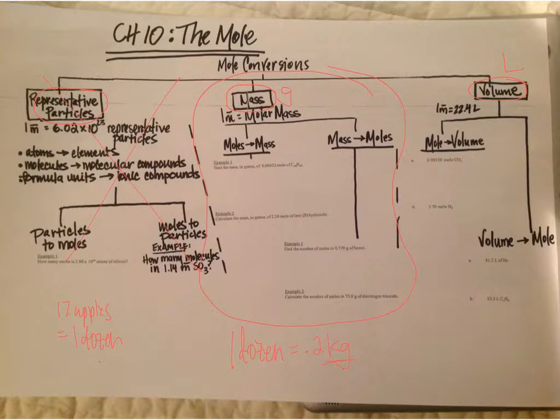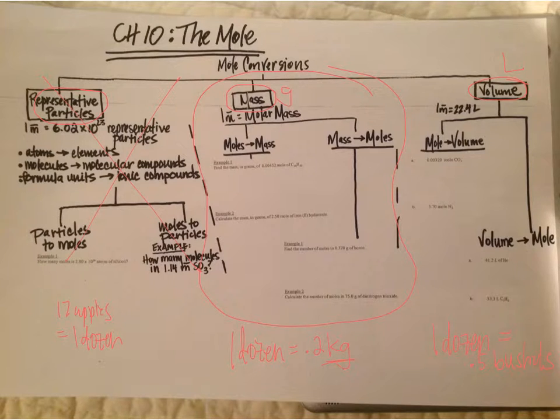We usually will use grams. And then if you were to count volume or measure in volume, 1 dozen apples would be 0.5 bushels. Okay, and bushels is a unit of measure for volume when you are getting fruit.